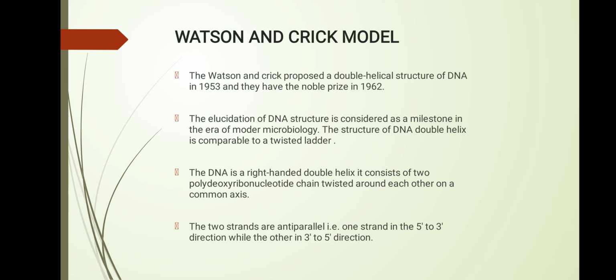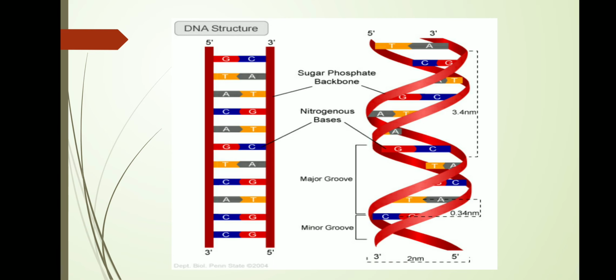The two strands are antiparallel, that is, one strand runs in the 5' to 3' direction and the other strand in the 3' to 5' direction. The width of the double helix is 20 angstrom, that means 2 nanometers. Each turn of the helix is 34 angstrom, that means 3.4 nanometers.